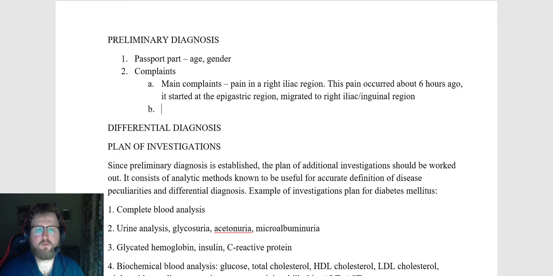Other thing which we know about secondary complaints: we know that the patient has mild hyperthermia, a subfebrile temperature.